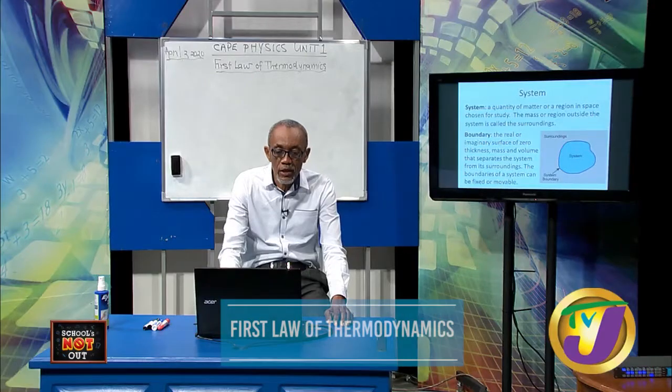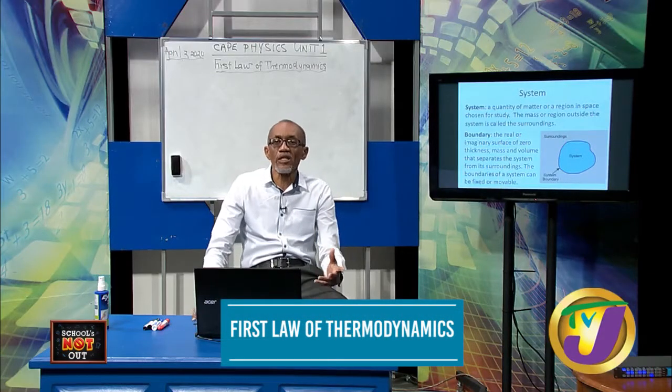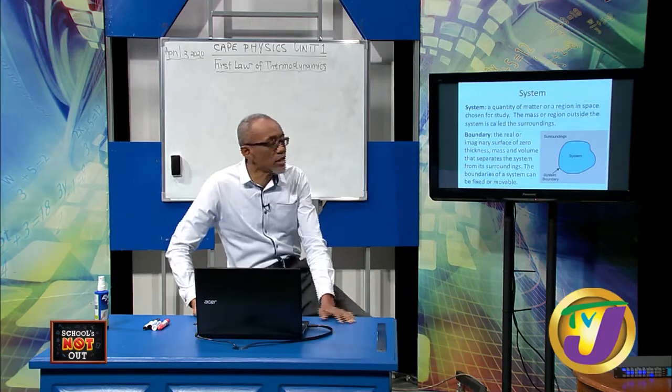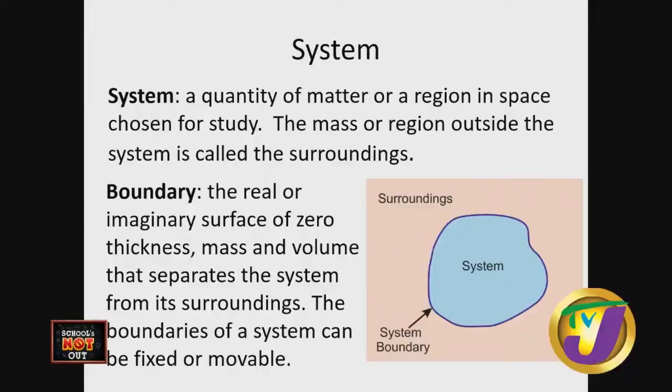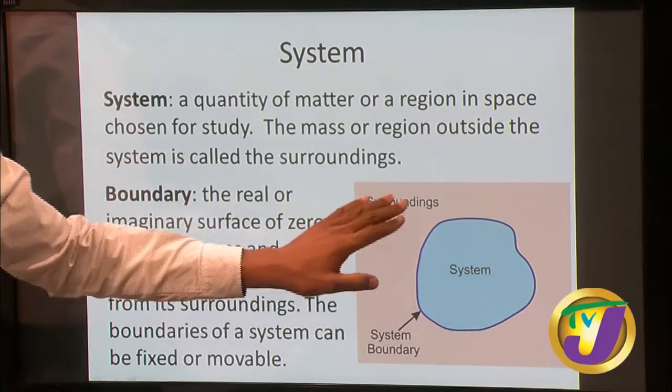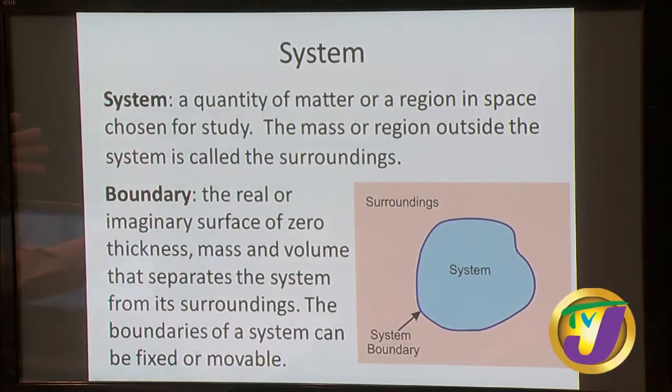Okay, so let's start. A system, what is a system? A system is a quantity of matter or a region in space chosen for study. The mass or region outside the system is called the surroundings. So here we have a diagram. Within this boundary here is the system, and anything outside of the system is called the surroundings.